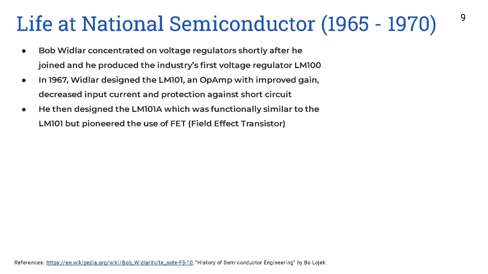This was an op-amp with improved gain over the MUA709 as we saw before, and it has decreased input current, which was achieved using the FETs. And it had protection against short circuit.